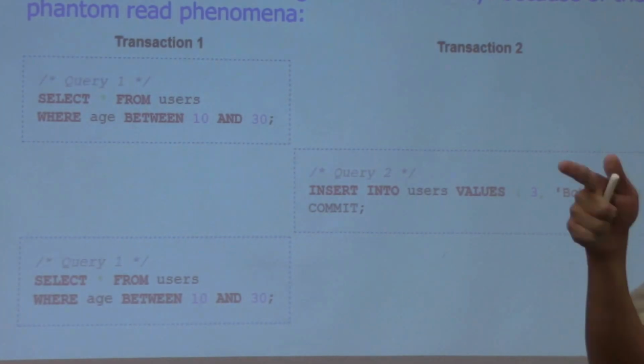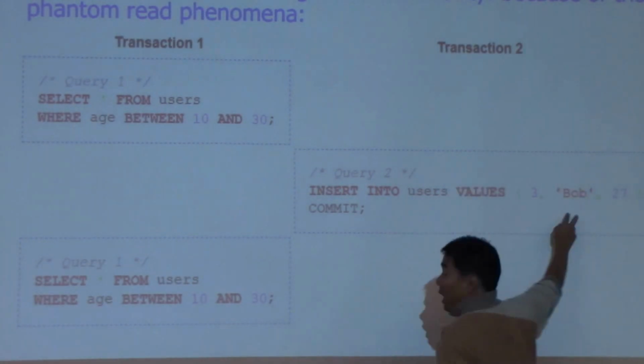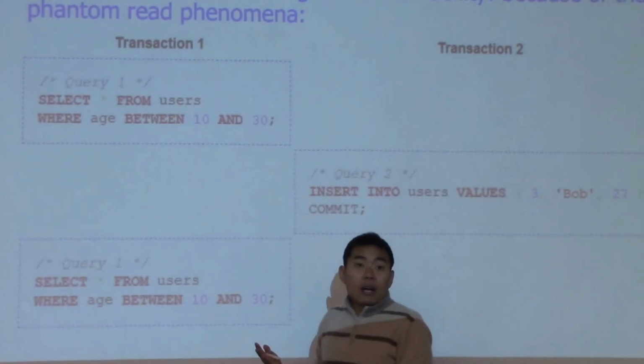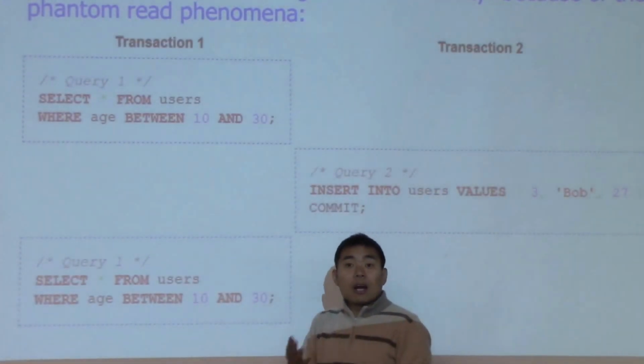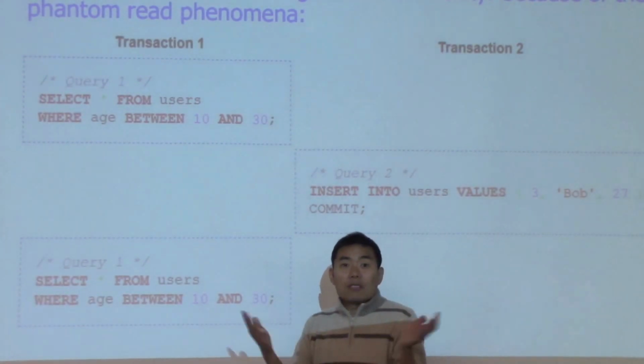Why? That brings up Eric's question, which is, if it's in repeatable read isolation level, is it the case that an item cannot change value? Well, the requirement is an item read multiple times cannot change value. In this case, this user Bob is only read once, so how do you define a change value? If you read something only once, there's not even a notion of this item has changed value.